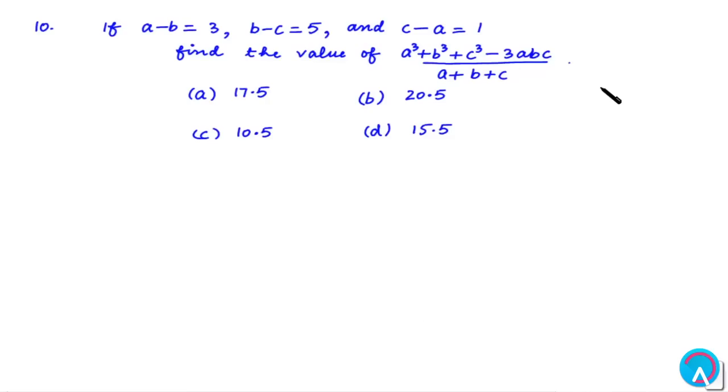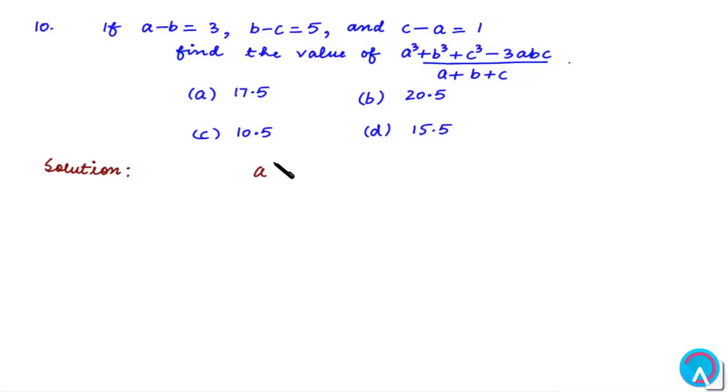Let's do question number 10. If a minus b is equal to 3 and b minus c is equal to 5 and c minus a is equal to 1, then we have to find the value of this expression, and these are the options. Let's see which is the correct option. For solving this question, we will make use of the identity.